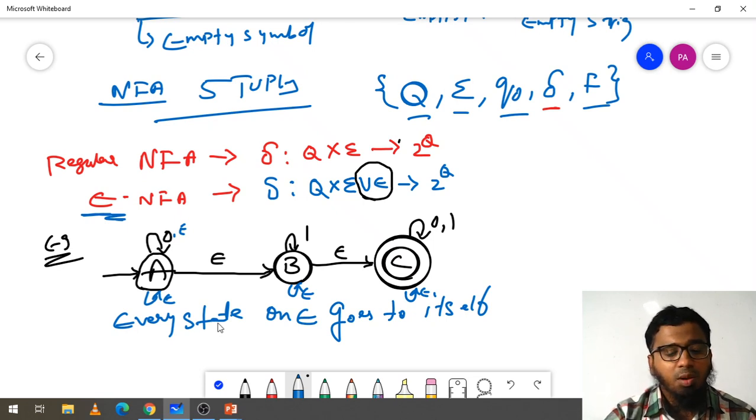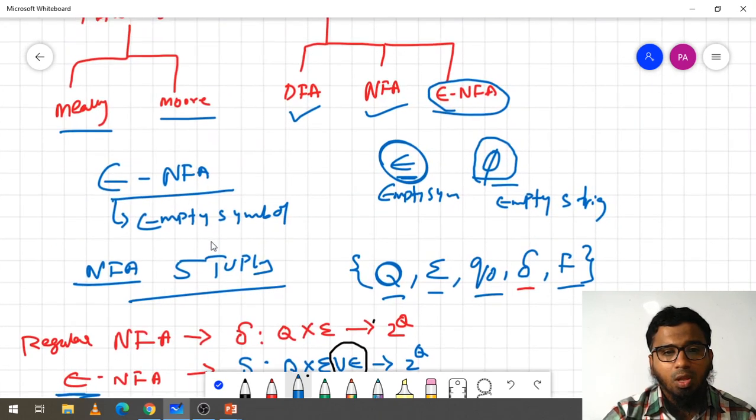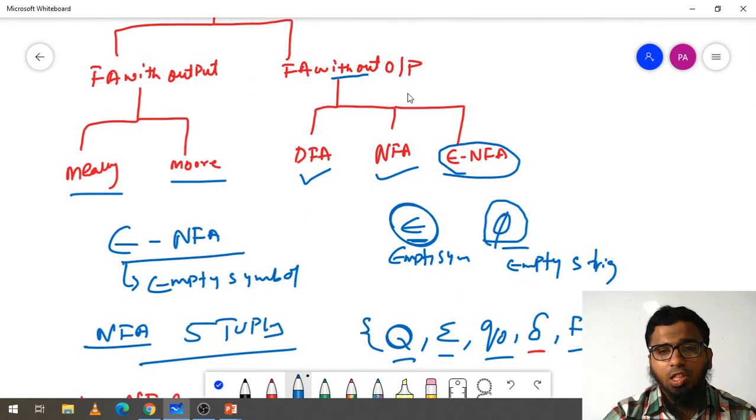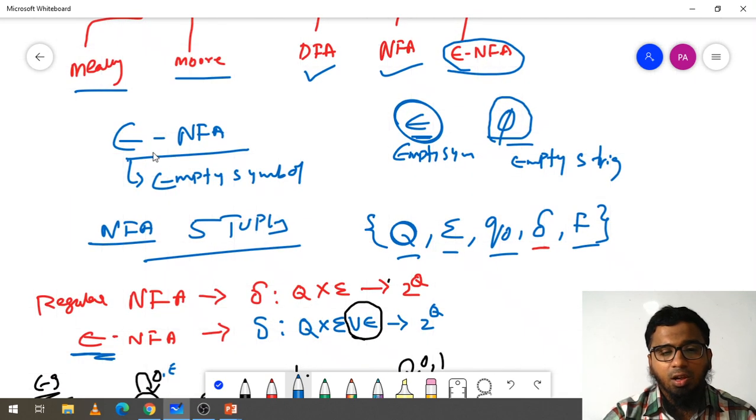So this is the main important thing. Once again I will tell you, in the finite automata without output is epsilon NFA, and here epsilon is nothing but an empty string or empty symbol. What is the difference between epsilon and phi?